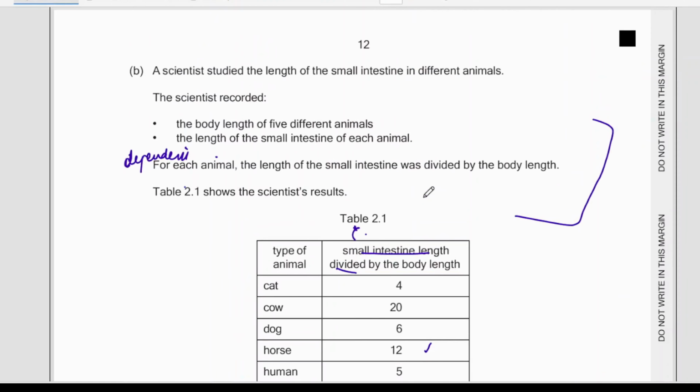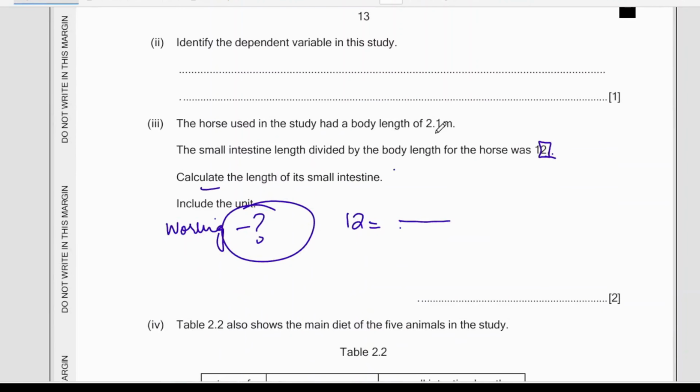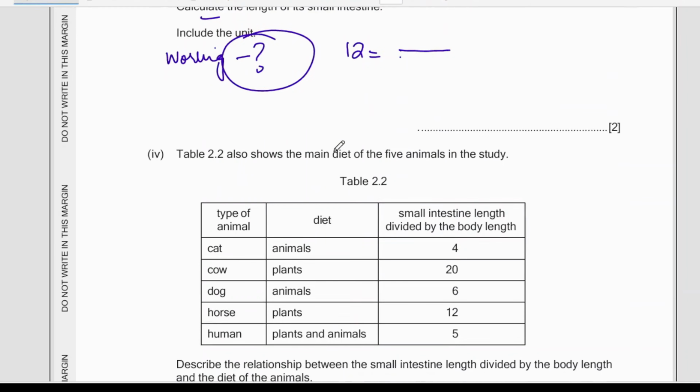Let me check if it's written in the question, because I think it would be meter. Then it must be meter. Let's say meter. 2.1 into 12, greater than 24. 24 and 1.2. It's 25.2.